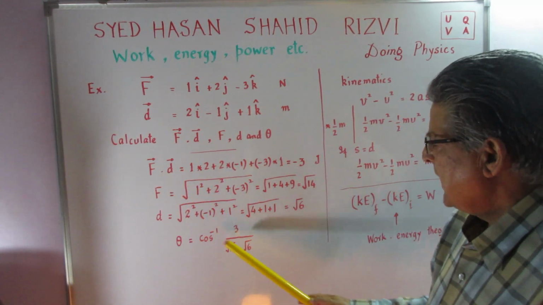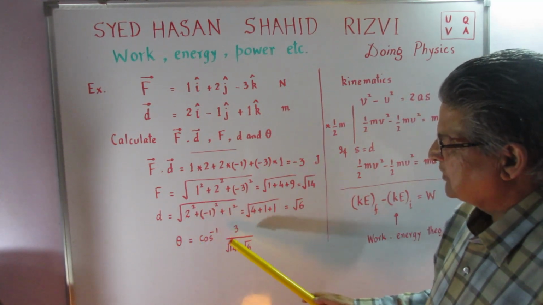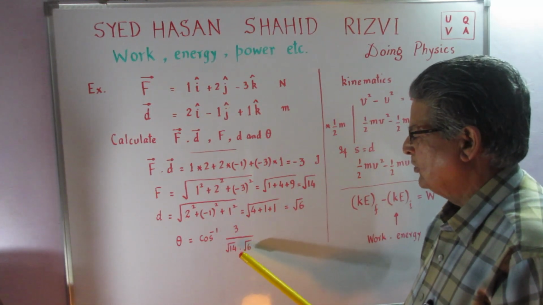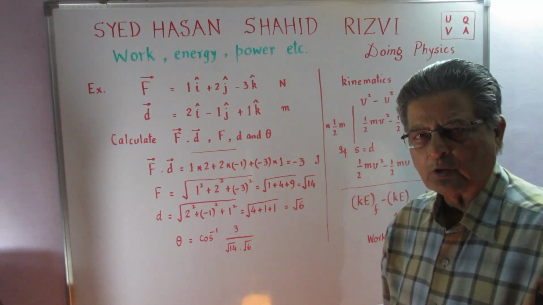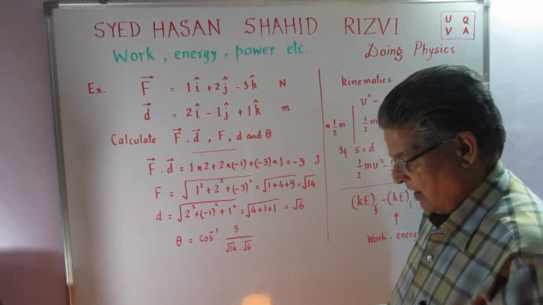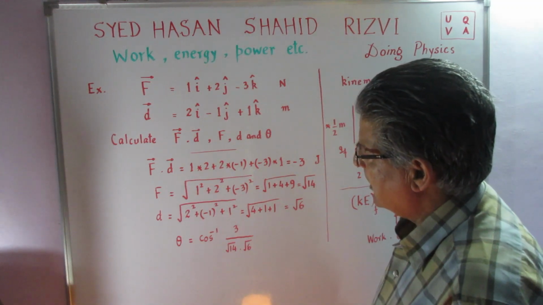When I substitute these values, I get theta equal to cos inverse, or arc cos, of minus 3 upon root 14 into root 6. So these are some very simple examples which you must be able to do in minutes' time.